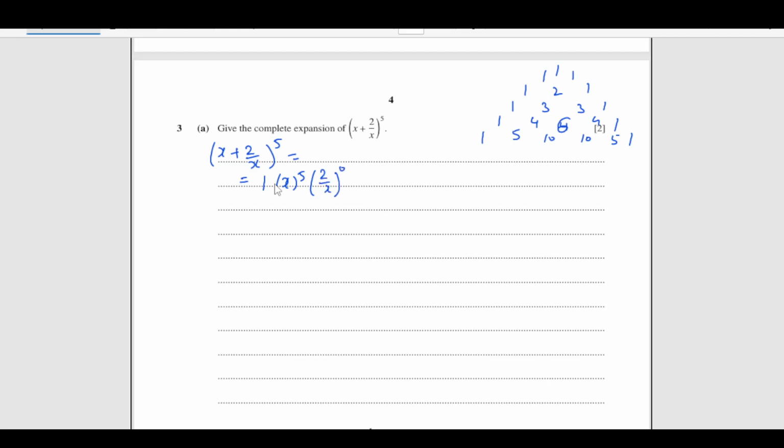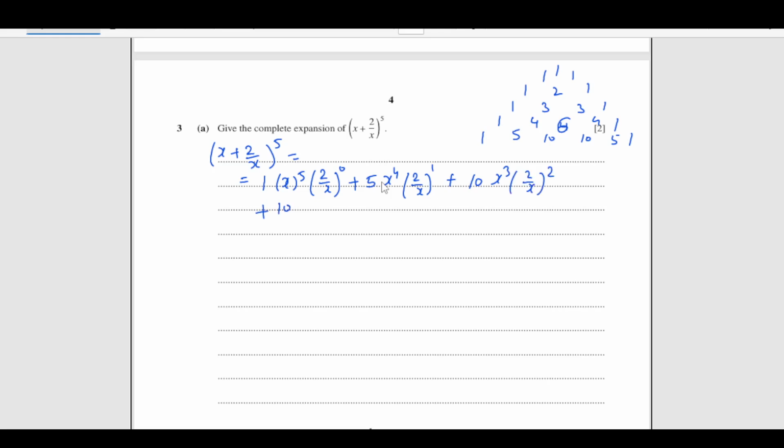Then we will have plus 5 from this coefficient, and then we have x to the power 4 and (2/x) to the power 1. Then again we have here 10, with 10 we will have x cubed and (2/x) squared.